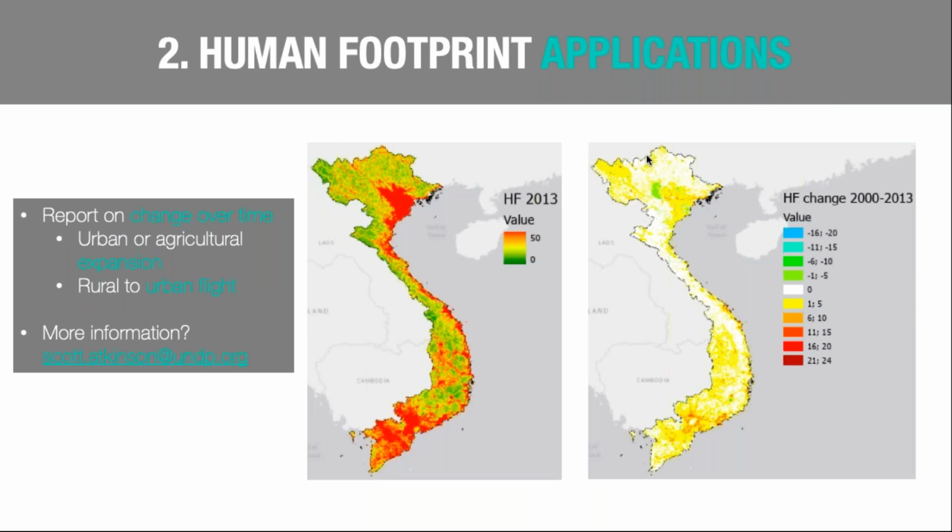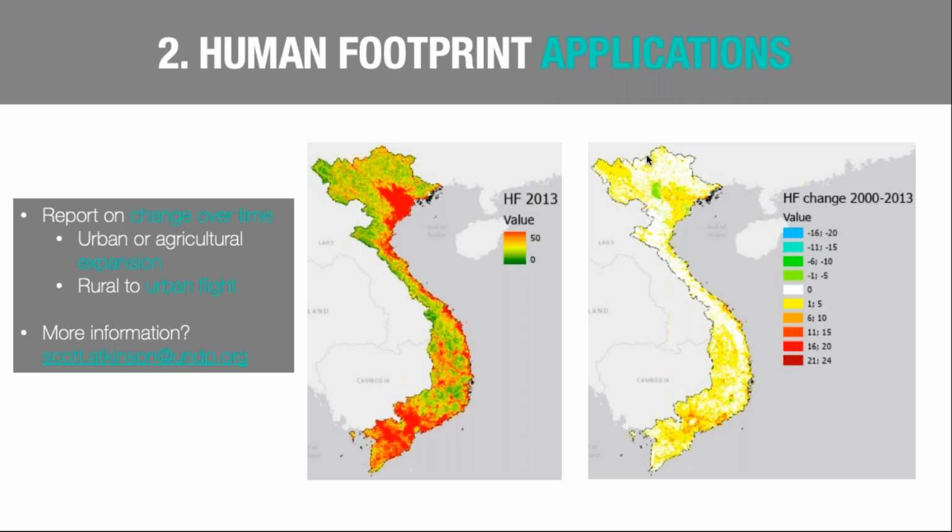So in addition to reporting on the state of human pressures across a country or a region, comparing maps over time, you can look at change in human footprint, highlighting locations where human footprints are increasing or intensifying, or even decreasing if people are leaving certain regions of a country and abandoning land and infrastructures there.